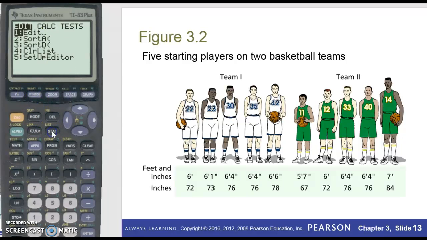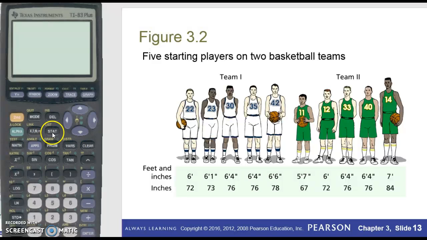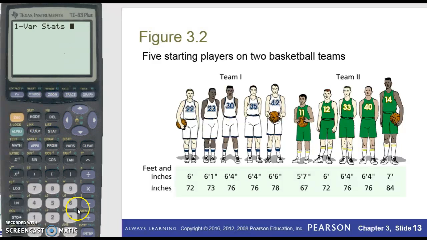And if I do the same thing with the green team, let me clear this first. I'm going to go to calculate one variable stats, except this time I'm going to go list 2 here, and it also gives me an average height of 75 inches.